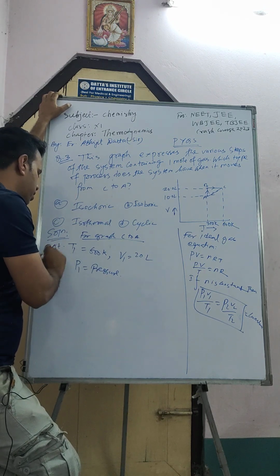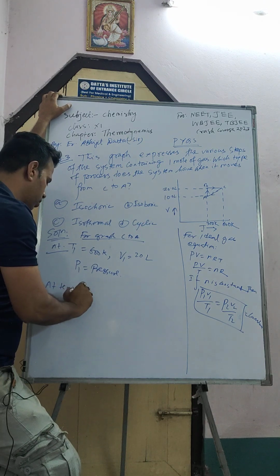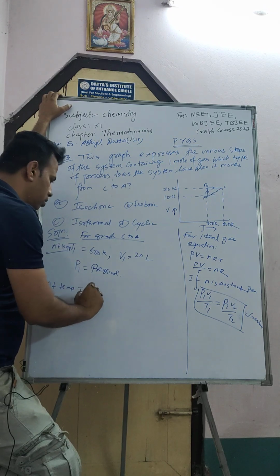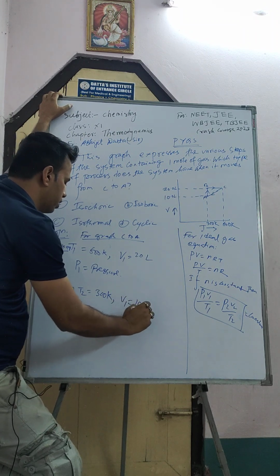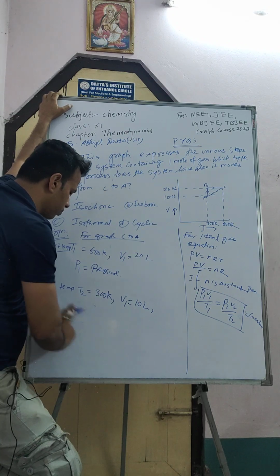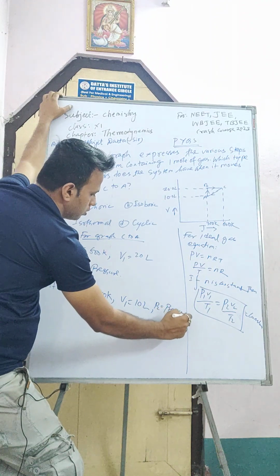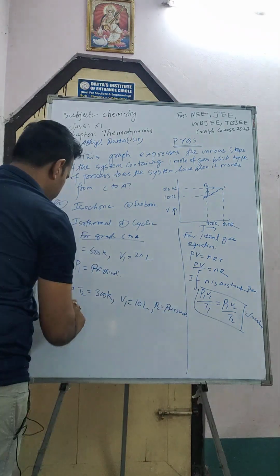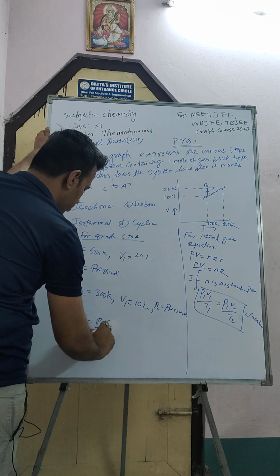And at temperature T2, which is 300 K, V2 is 10 liter and P2 is the pressure. Therefore we know the relation P1 V1 by T1 is equal to P2 V2 by T2.